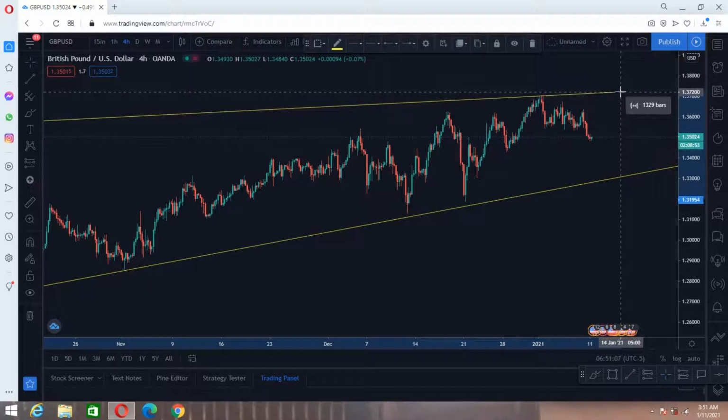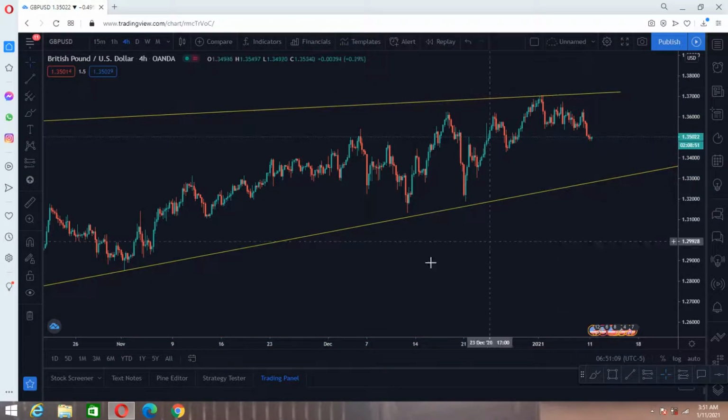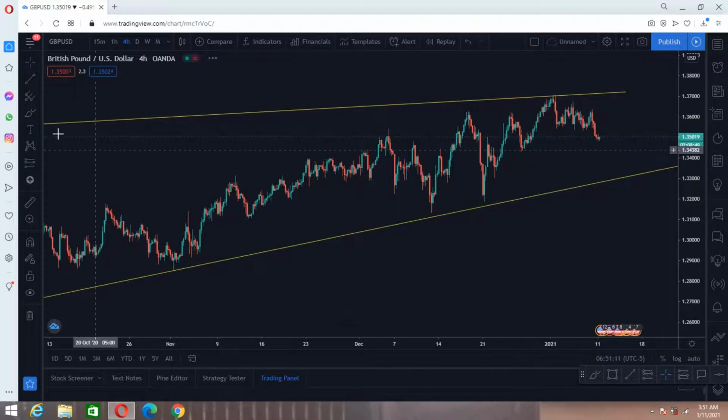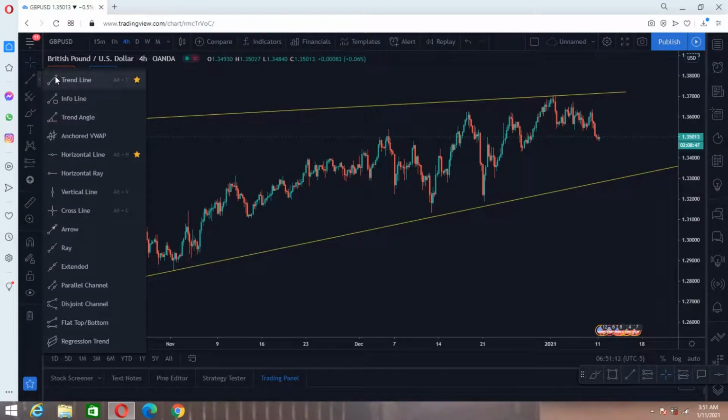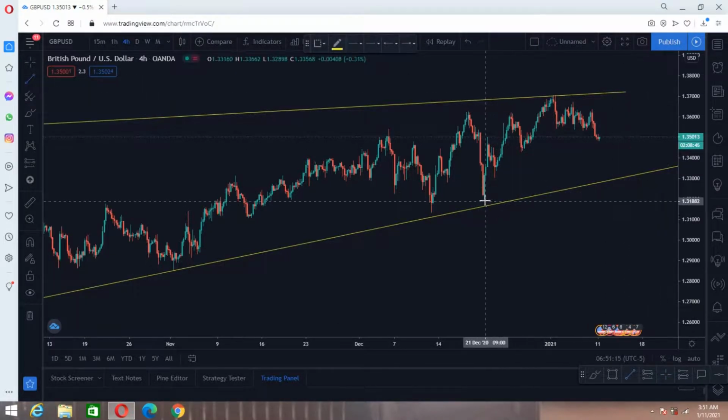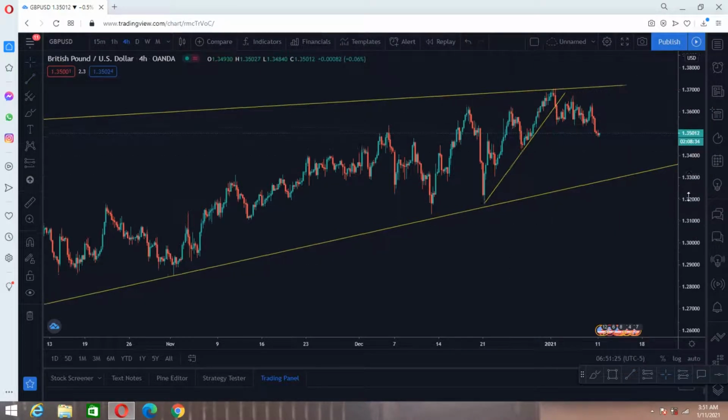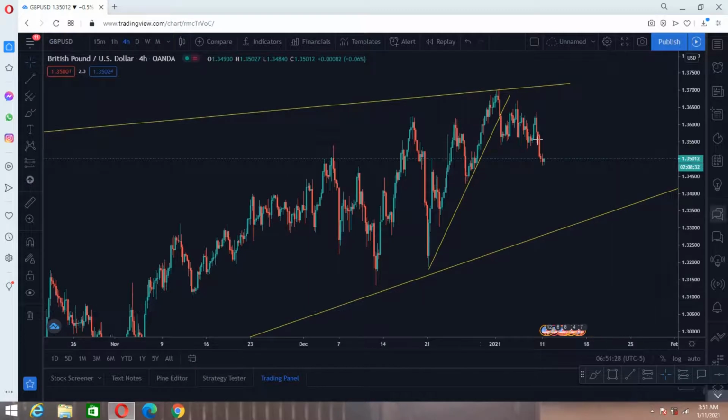So as you can see here, this is a bigger structure, but let me just show you, inside there's another reversal pattern. Let me just zoom it in so you can see it clearly.